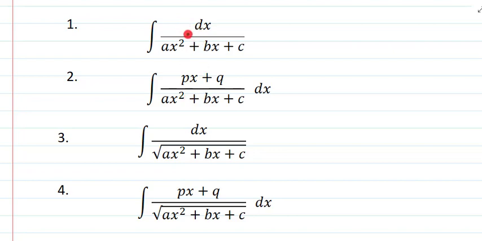In the first case, there is only 1 into dx in the numerator, but it is not necessary that it is 1. Here there may be any real number, root 2, root 5, 1.5, any real number present in the numerator, and you know very well that will not affect our integration, because we know that any constant in the numerator comes out of the integration sign and does not affect our integration. Here in the second type, you see it is px plus q, so it means a linear polynomial.